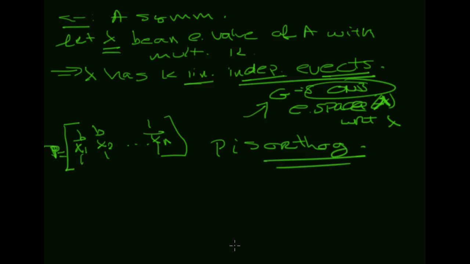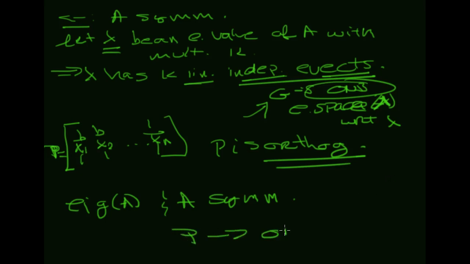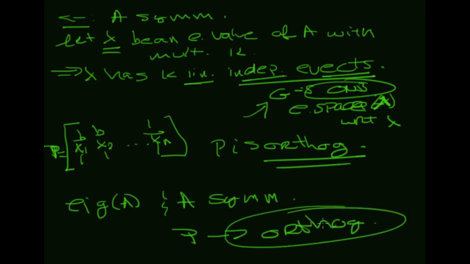All right, so like, who cares? Okay, so if I put eig(A) into MATLAB and A is symmetric, then I get a P that is orthogonal. Now, why does this matter? Because if I get something that is orthogonal, then P inverse is equal to P transpose.